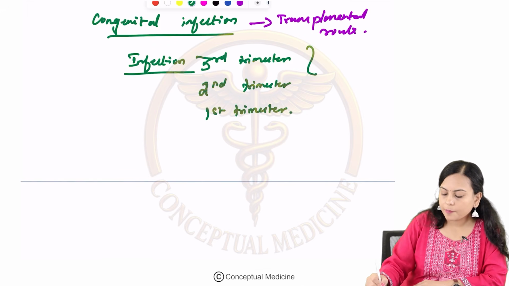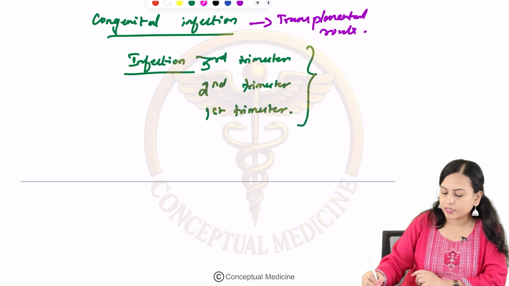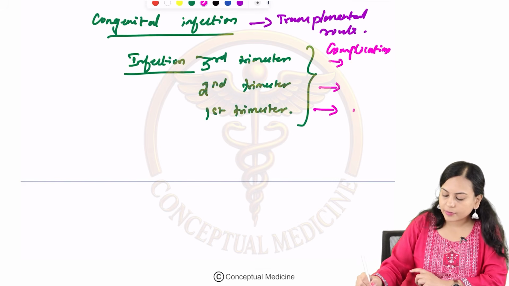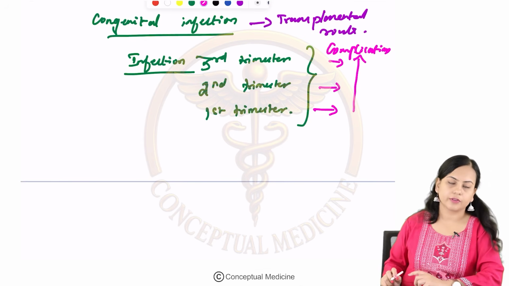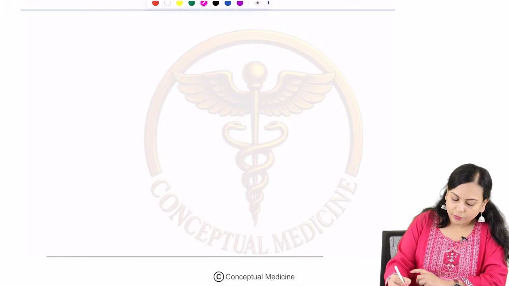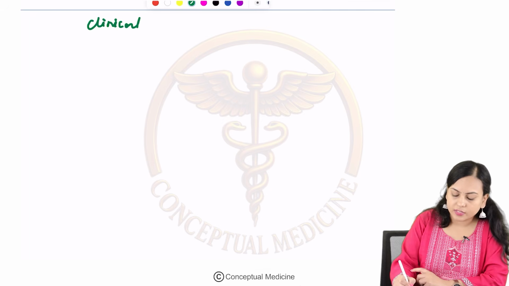But the severity of the complications is more if it happens in the reverse order: more severe in the first trimester, followed by the second, and followed by the third. It is just going to be the reverse. Understood?